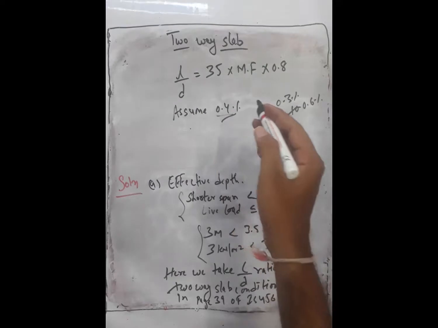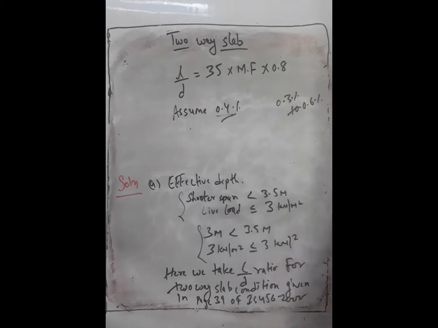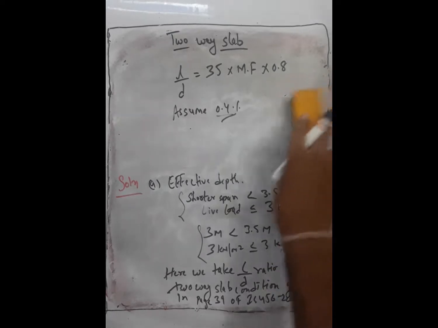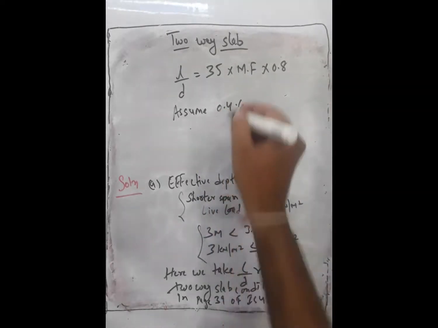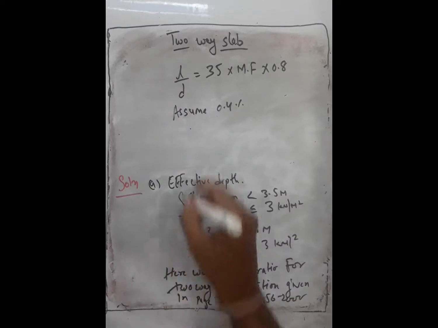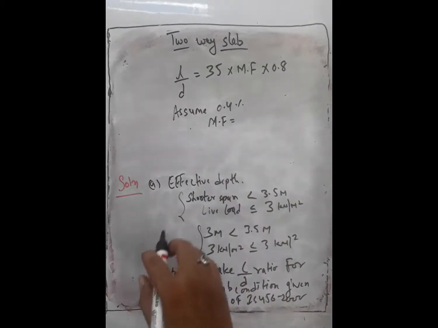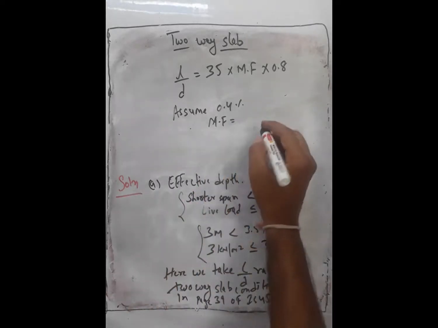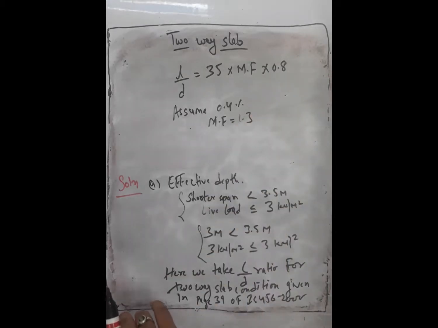Here I take 0.4%; if you want, you can take 0.3%, 0.5% or 0.6%, it's your choice. So for 0.4% I have to find the modification factor. With the help of figure number 4 given in IS 456 2000, I get the modification factor as 1.3.